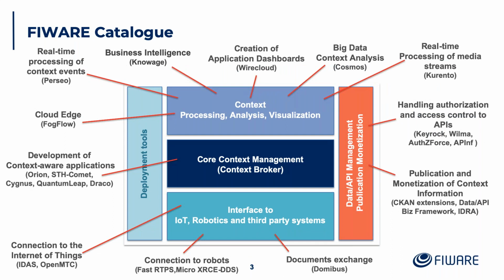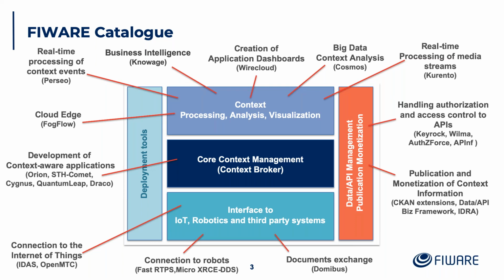Just to recap, today we're doing the section in red on the right, which is where the security enablers tend to congregate. The idea here with the FIWARE catalog is you've got the 5 basic chapters, and we've already covered core context, which is what FIWARE is all about, and how to get some information into your system, which is the IoT, robotics, and third-party systems.